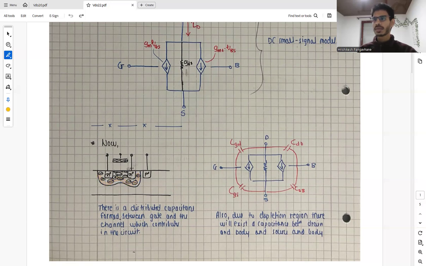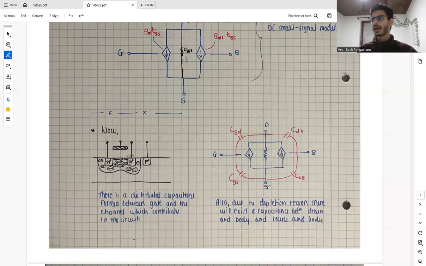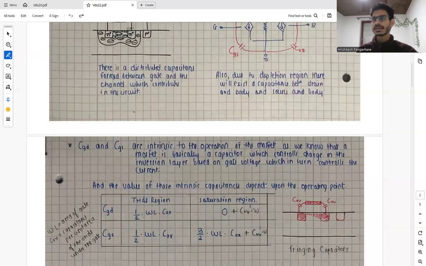These are parasitic capacitances, between gate and drain, gate and source, drain and body, and source and body. CGD and CGS, the capacitors due to gate and drain and gate and source, are intrinsic to the operation of the MOSFET, as we know that a MOSFET is basically a capacitor which controls charge in the inversion layer based on the gate voltage, which in turn controls the current.